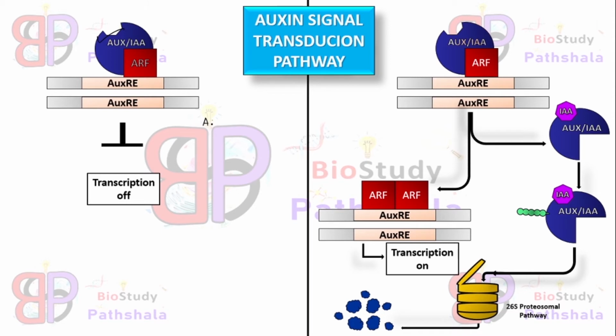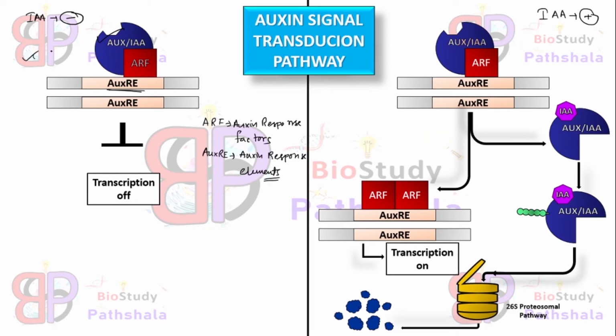The full form of ARF is auxin response factors, and the second one is AuxRE. AuxRE stands for auxin response elements. Okay, in this case auxin, that is IAA, is absent, and in this case auxin, that is IAA, is present. Now you will see the consequences when auxin is present and when auxin is absent.